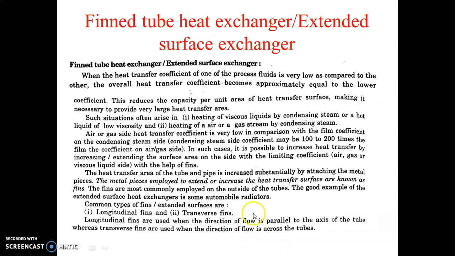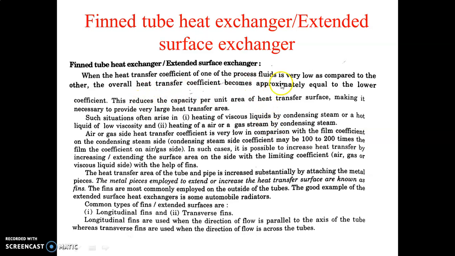The next heat exchanger is known as the fin tube heat exchanger, which is also called the extended surface heat exchanger. Sometimes, when the heat transfer coefficient of one fluid is low as compared to the other, it is necessary to provide a large surface area.